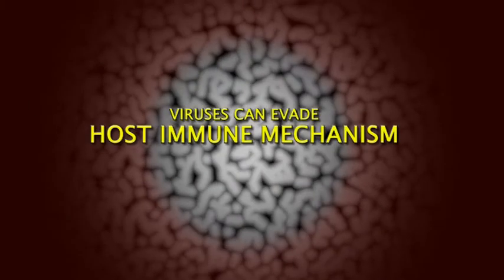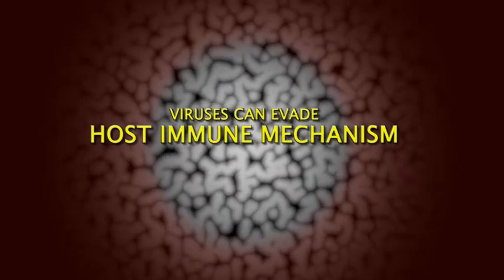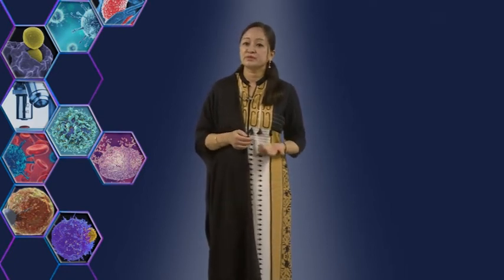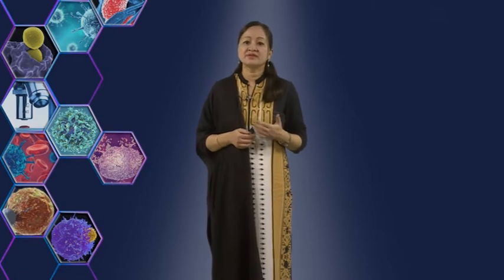Viruses can evade host immune mechanisms. Viruses have developed different mechanisms to evade the host immune response. Though viruses have small genome size, they can express various proteins that can interfere with both the specific and non-specific host immune response.